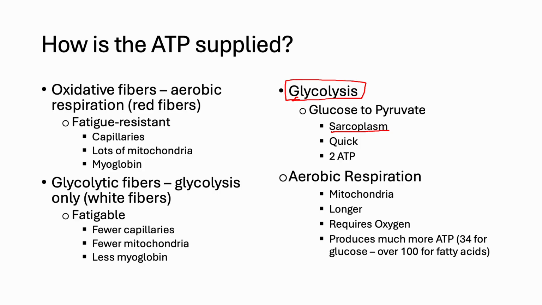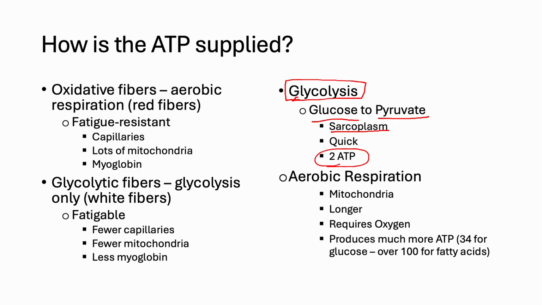In another cell, it would just be in the cytoplasm. There are many enzymes involved. It's a multi-step process, but essentially it takes glucose, which is a sugar, and gradually breaks down or oxidizes glucose into something called pyruvate. In doing that, it produces two molecules of ATP.